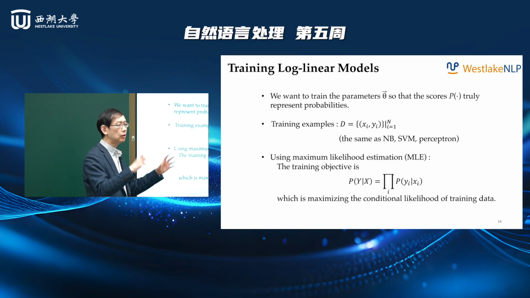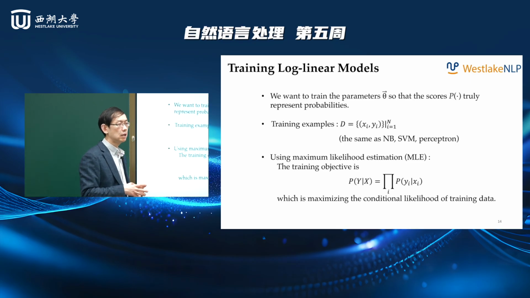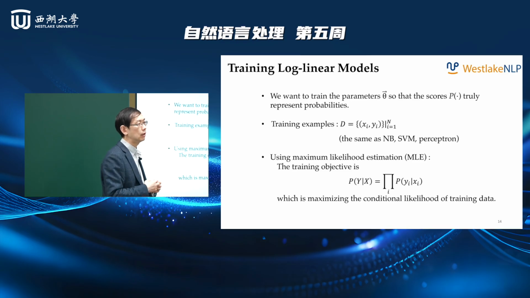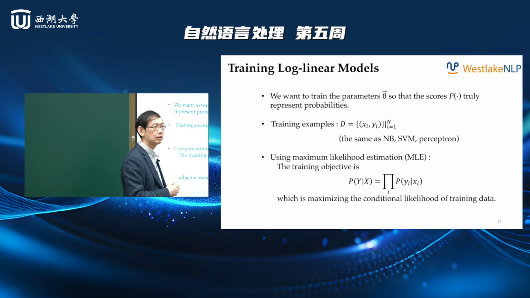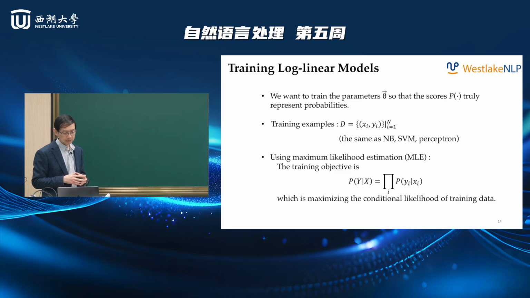And all the model scores, when accumulated together, become the data likelihood. So maximum likelihood estimation says you just want to find the set of model parameters that maximizes this data likelihood, and you distill knowledge into your parameters. So that's MLE.